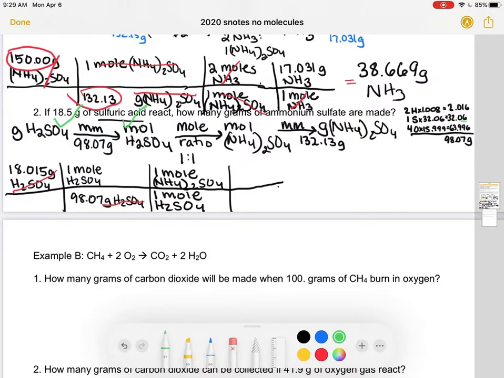Now I've done my mole ratio part, and now I have moles of ammonium sulfate. So I'm going to cross off moles of H2SO4 because that is not there anymore.